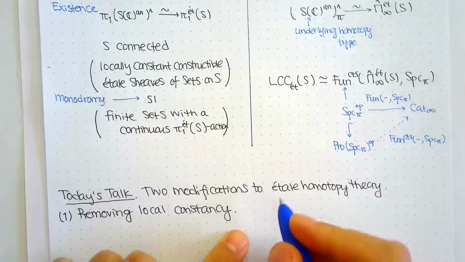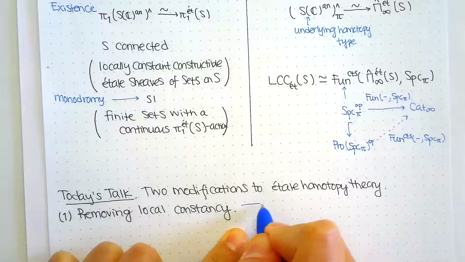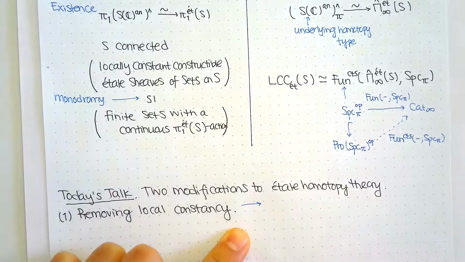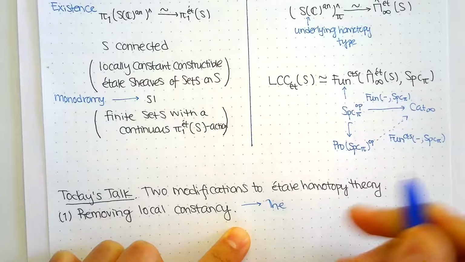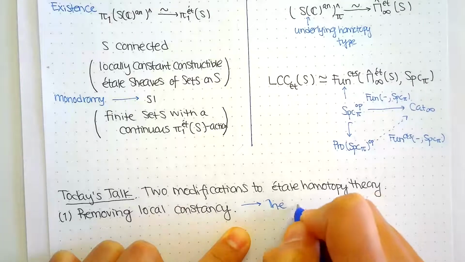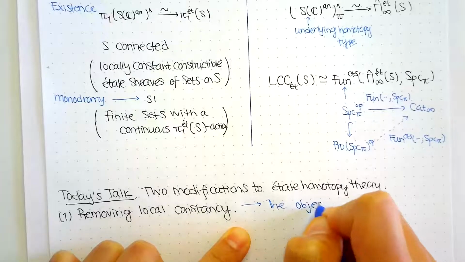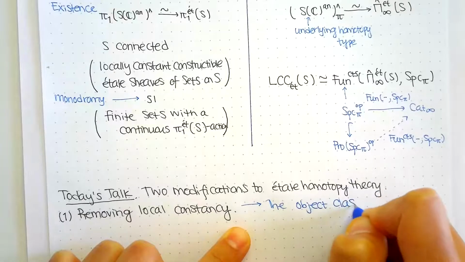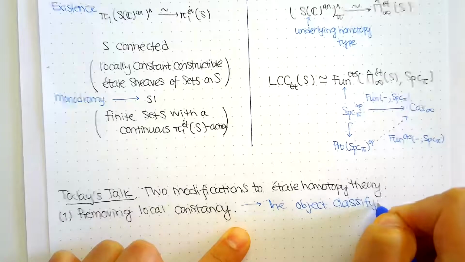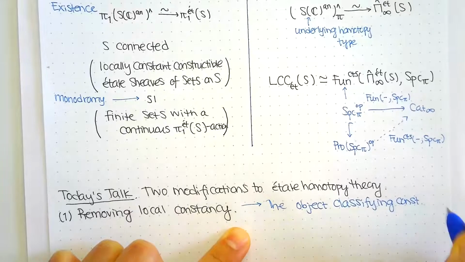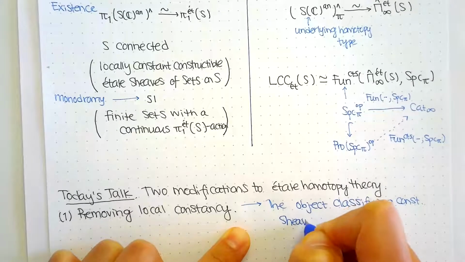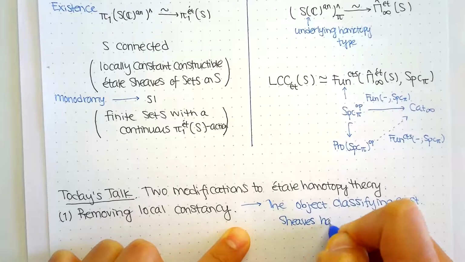And one of the nice things about this is that it will turn out that the object classifying constructible sheaves has a simple description.